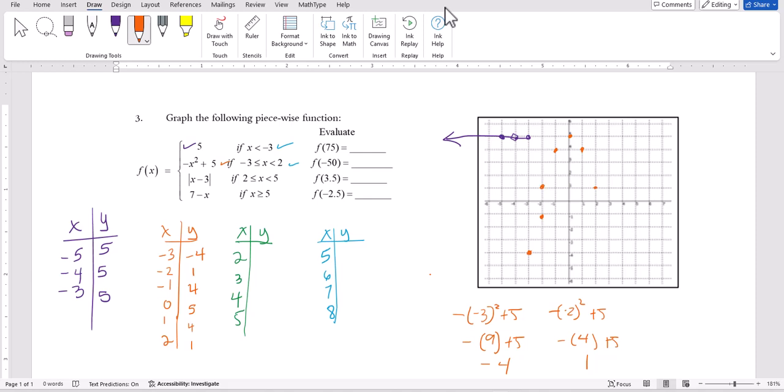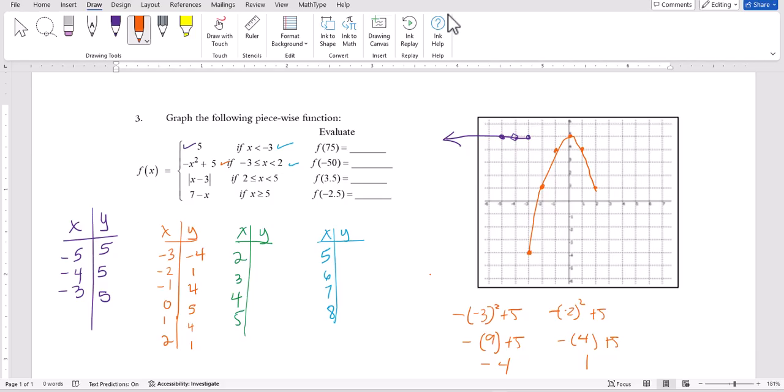Sorry, that point should have been there. That was a mistake. And so this is the part of the piecewise function that goes from here up to and down to here.